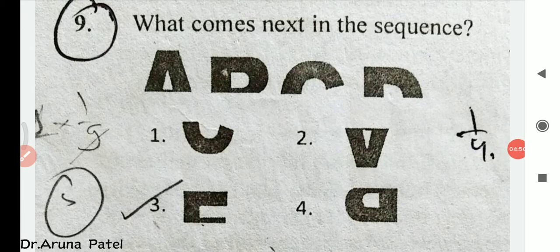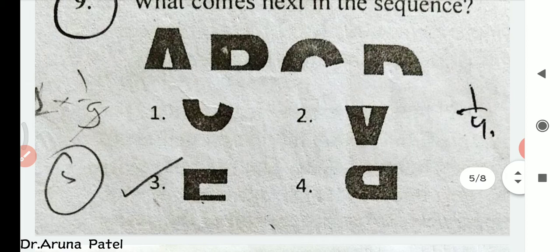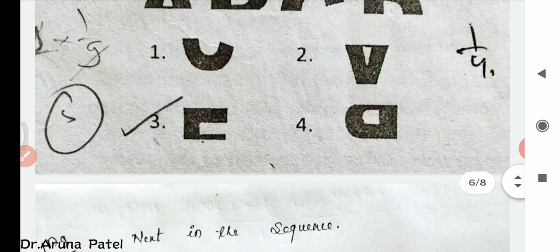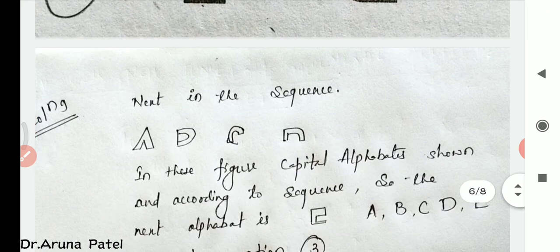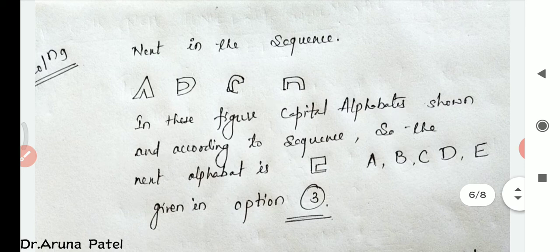Now the next question is question number 9 of set C. What comes next in the sequence? You see four different bold figures on the screen, and four options are given. If you remember the alphabets A, B, C, D of nursery class, these are in capital form.